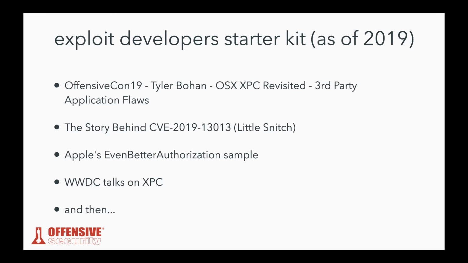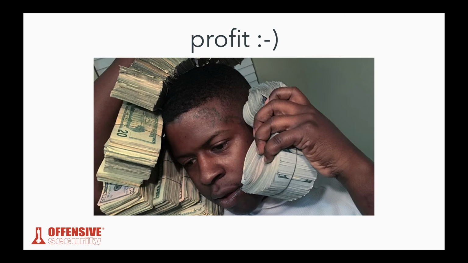Then a few talks at the Apple Developer Conference about XPC, but that's mostly about how to develop these services. There are actually more resources, but these were the ones I found at that time and started my journey on exploitation. And then profit.